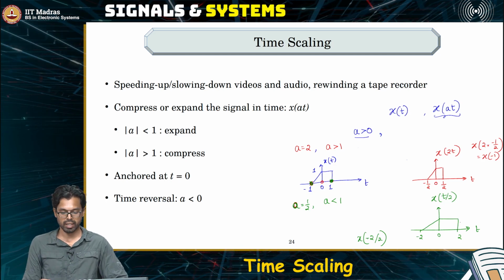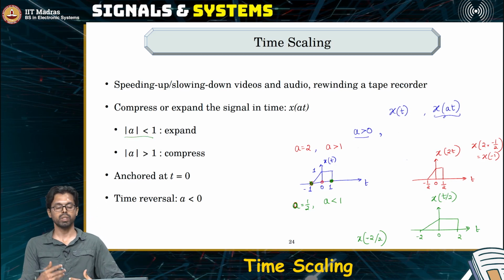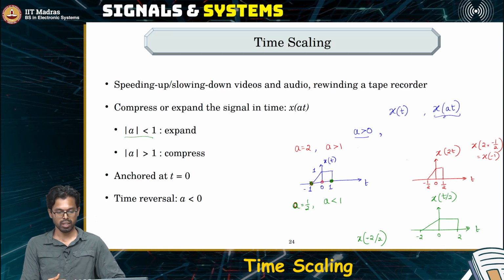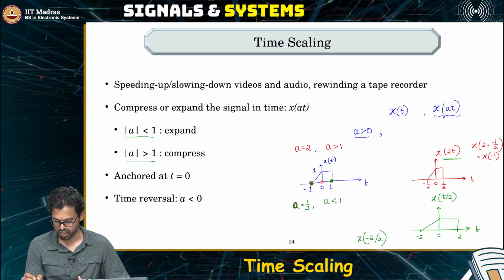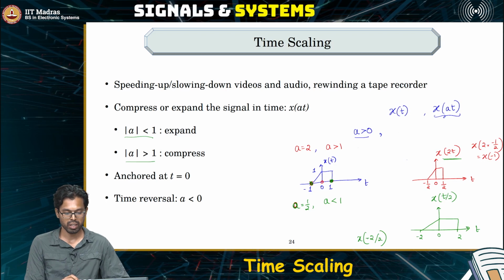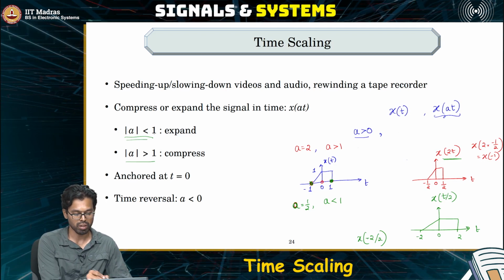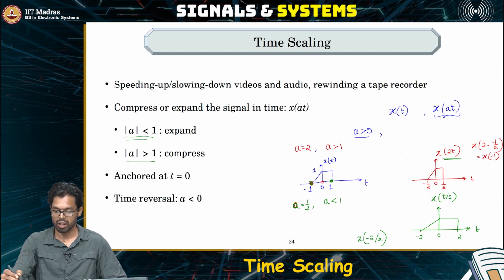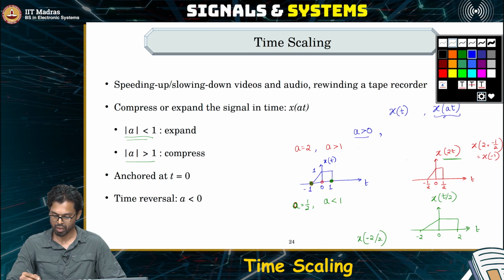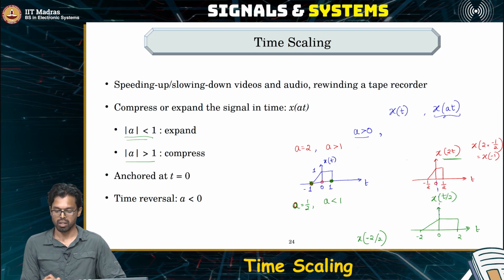So that is what we say: when the absolute value of a is greater than 1, the signal gets compressed, and when it is less than 1, we see expansion. But one thing to note here is, if you see in this graph, the 0 remains in place.